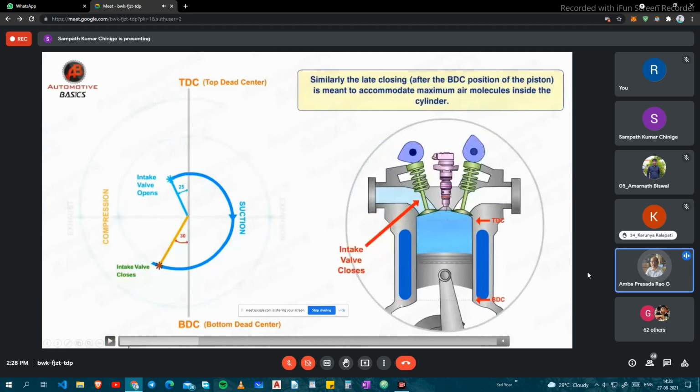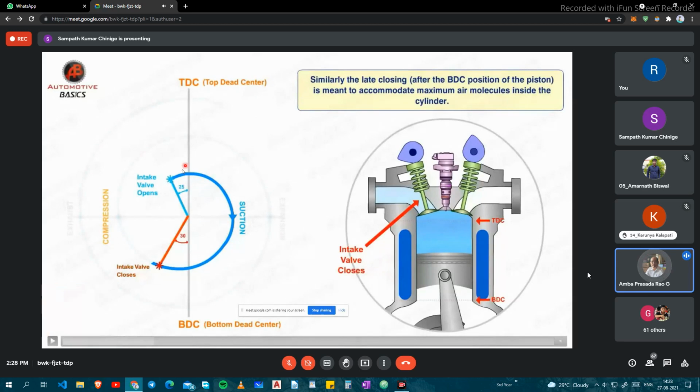So to arrest that, we close the valve here. There is a possibility that some charge will leave or flow back. Now it has completed more than 180 degrees. Are you able to understand this point?